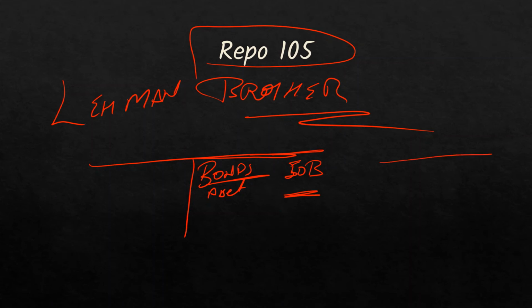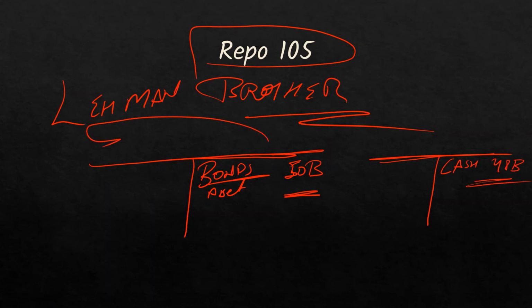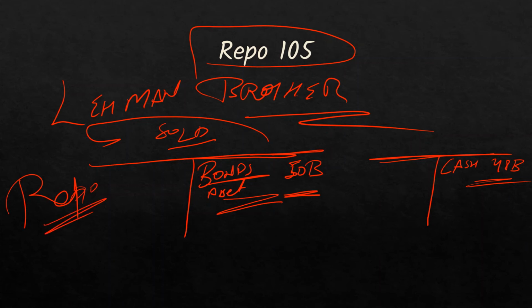What they would be showing is cash of 48 billion. How were they doing it? They did not really sell this asset, because no one was ready to buy it actually. They might be ready to buy, but let's not go into that. They entered into a repo agreement for 50 billions.